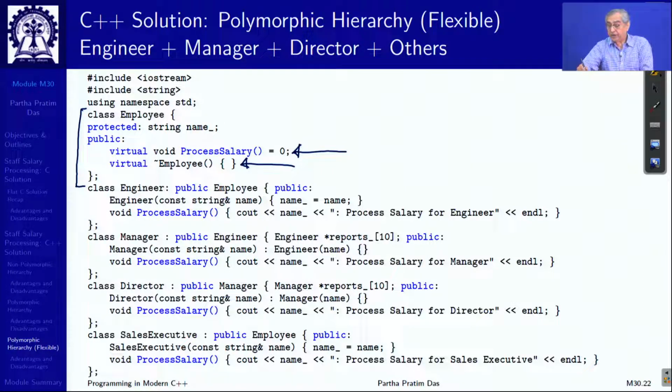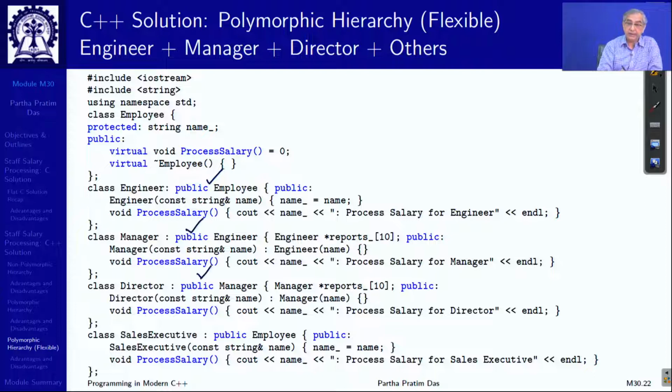Then the rest of it is extremely modular in the way it goes along the hierarchy that you have. So, engineer is an employee, manager is an engineer, director is a manager, sales executive is an employee, and you have constructor, you have process salary overridden in every case to be able to process these different cases.